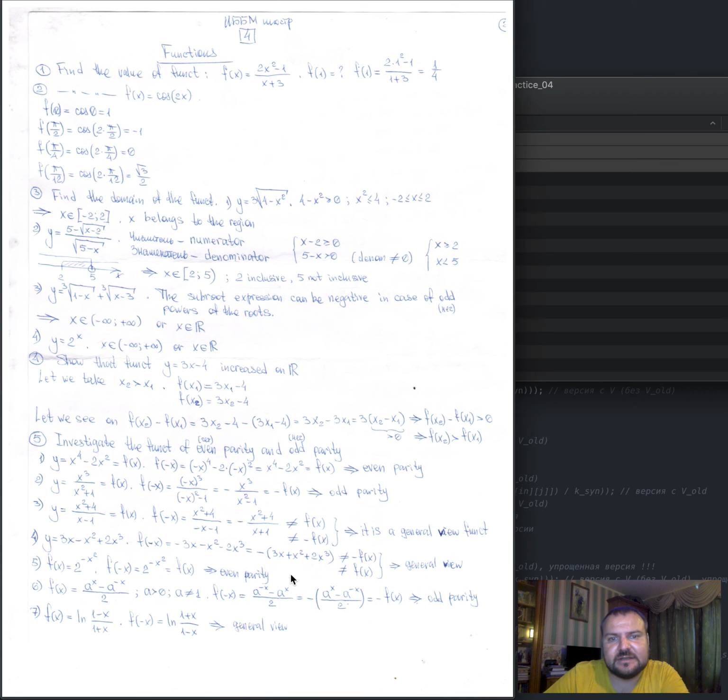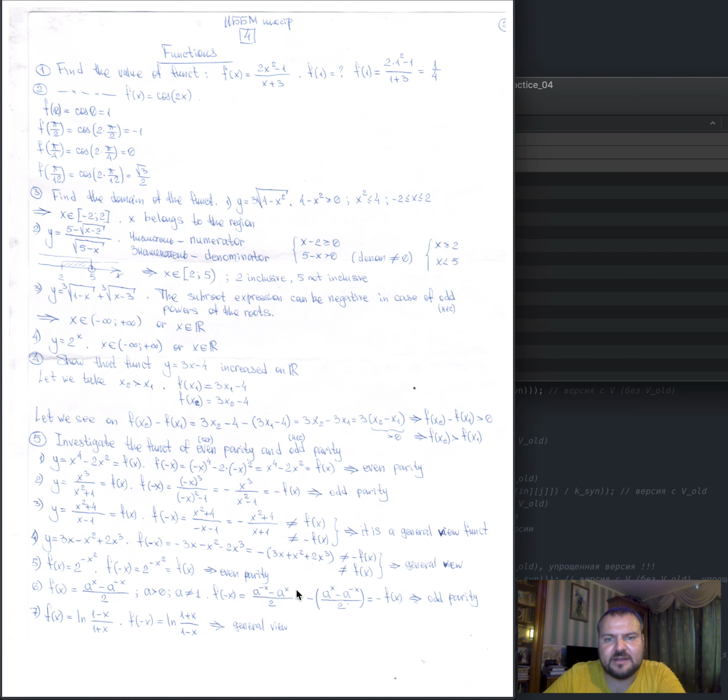It is an even type of function. f of x equals a to the power x minus a to the power minus x, divided by 2. It is, as I remember, called hyperbolic sine, with a greater than 0, a not equal to 1.